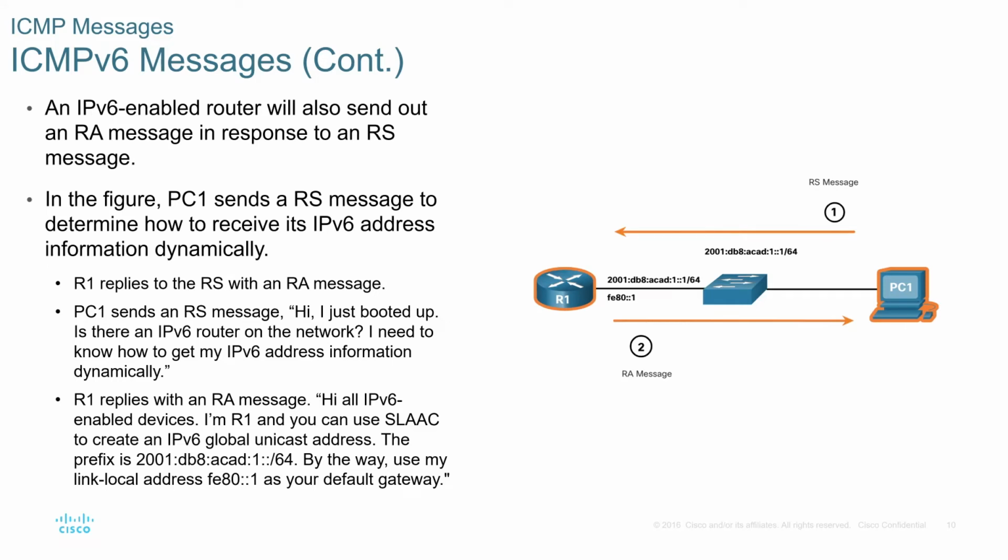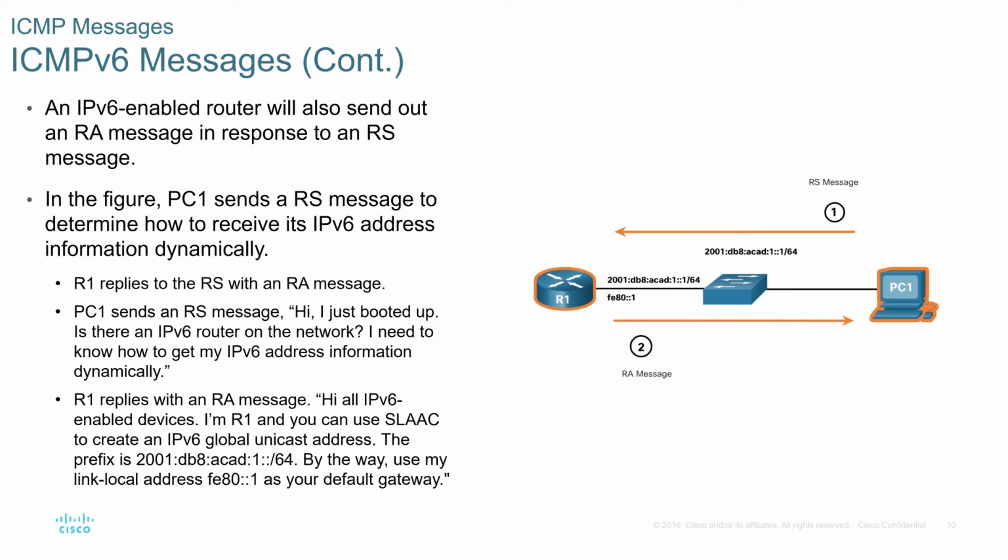So in this figure, PC1 sends a router solicitation message to determine how to receive its IPv6 address information dynamically. It can do it via SLAAC, stateless, or stateful.